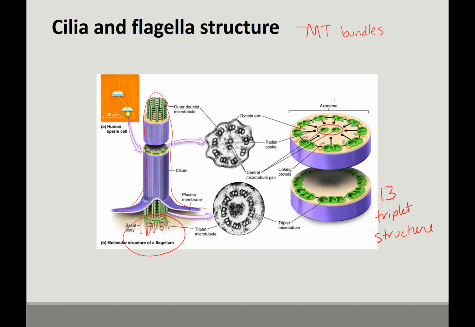The axoneme region, so this long part of your cilia or flagella, has what we call a 9+2. So it has 9 doublets and 2 single microtubules. Somewhere in here is called the transition zone, and I don't think they exactly know how we go from 3 to 2, or 13 triplets to 9+2, but it happens.